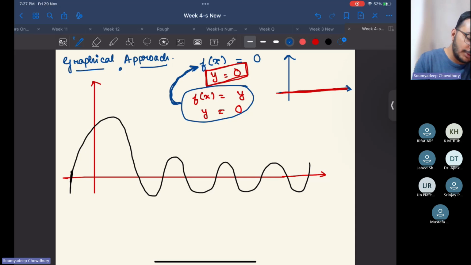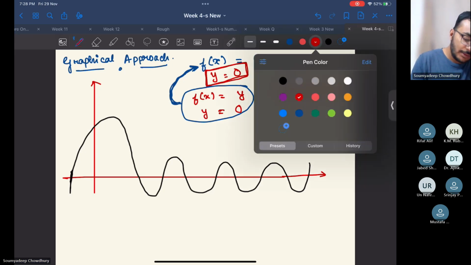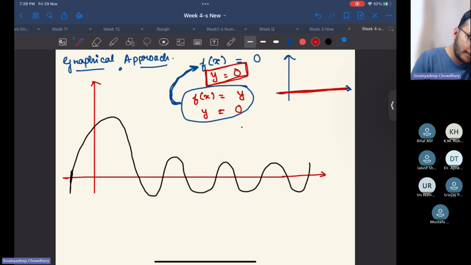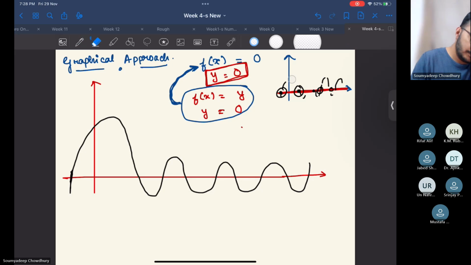So y equals 0 is the x-axis, right? And say we have a plot for y equals f of x. Suppose we have some plot here. Then these are the points which are the intersection points of this graph with the x-axis, right?